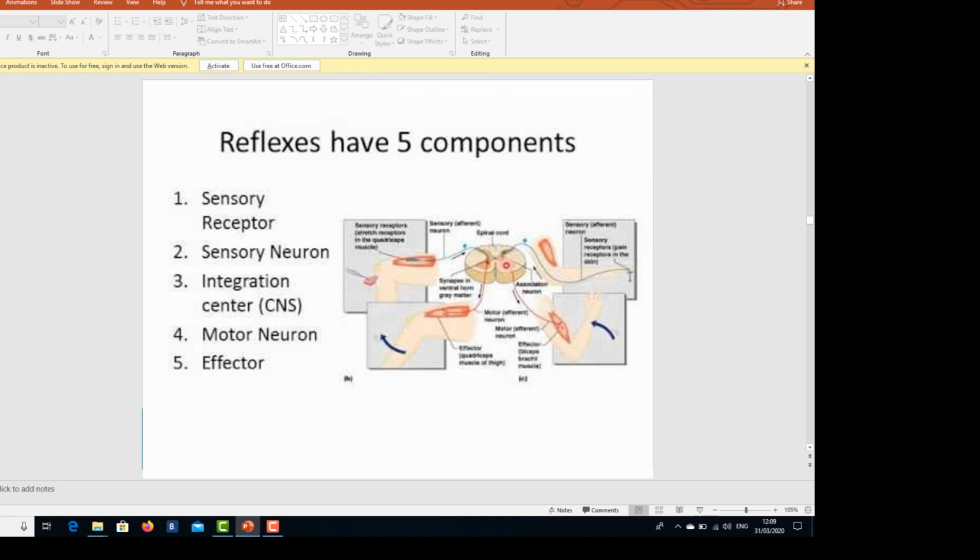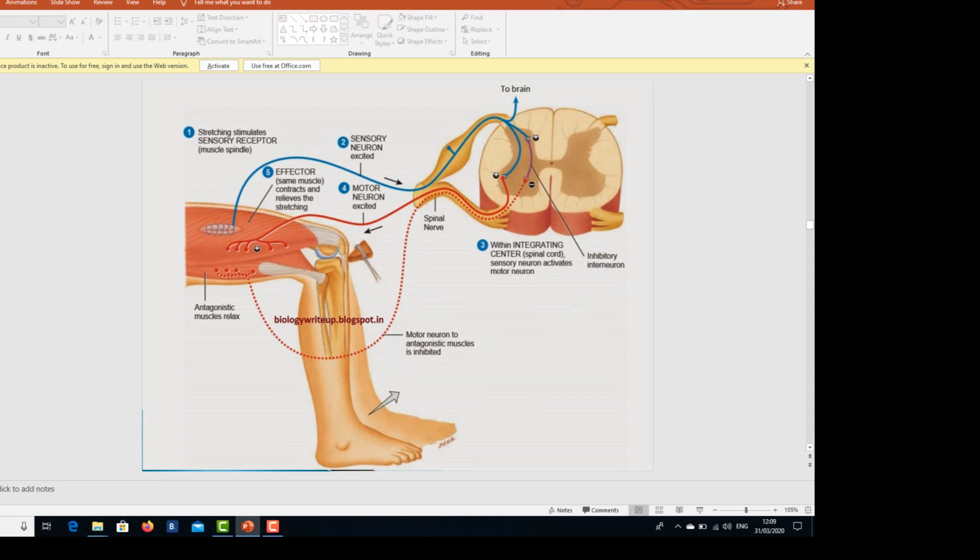Now, what are the components of reflexes? There is always a sensory receptor, then sensory neuron, then integration center, then motor neuron, then effector. So these are the 5 components of reflexes.